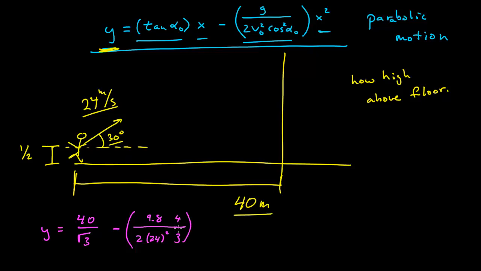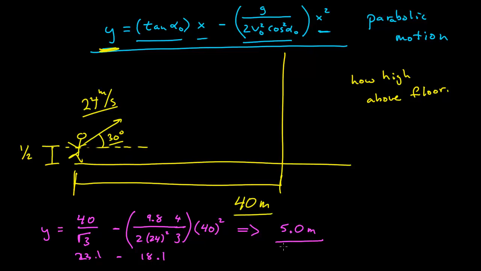So cosine squared theta naught is 3/4, or the inverse then is 4/3, times x squared, which is 40 squared. I can plug that into my calculator, and I get 23.1 minus 18.1, and this will give me 5.0 meters. Is that our answer?